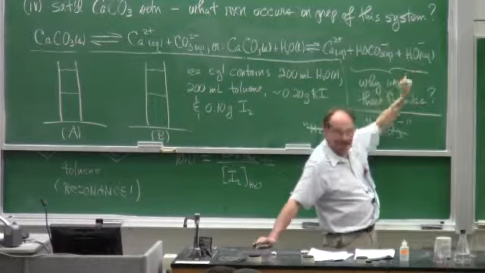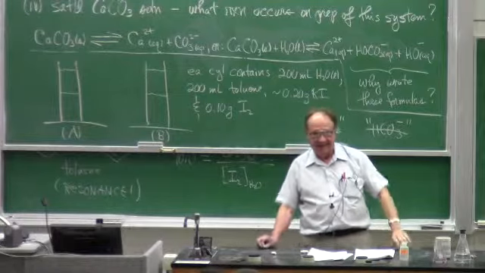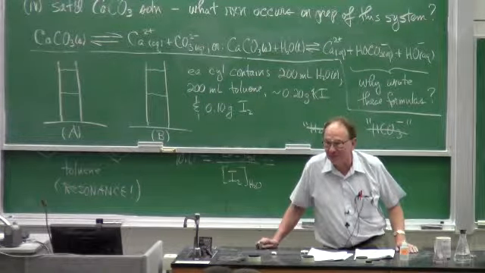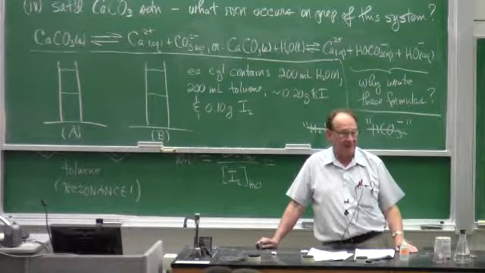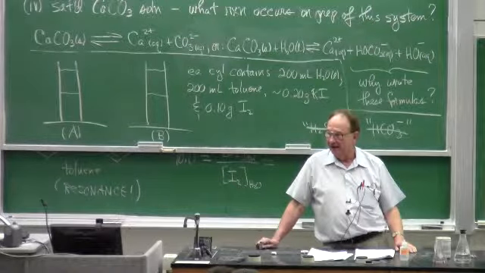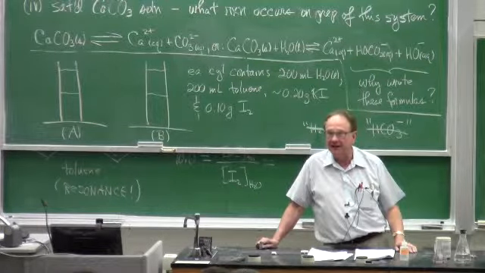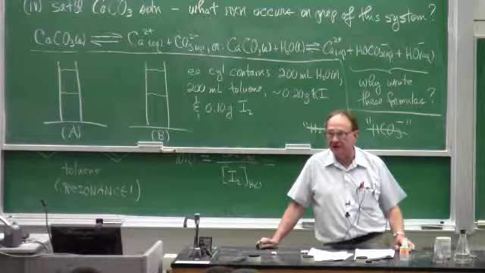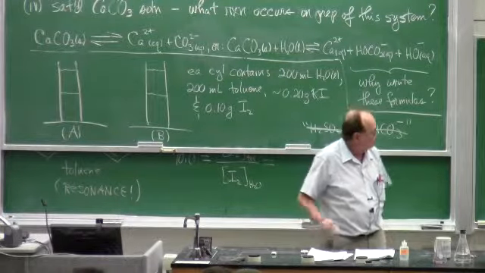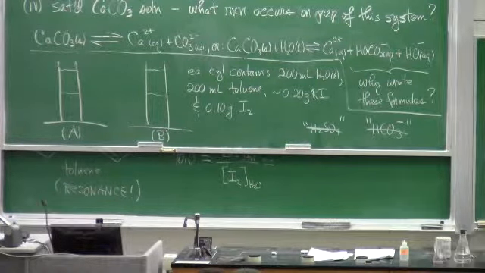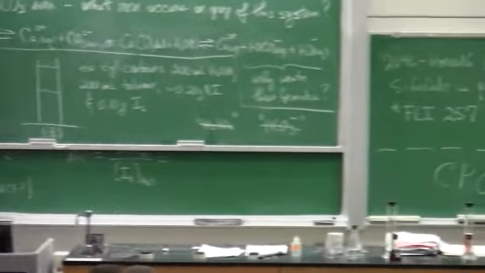Hydroxide ion. I can't believe textbooks that write OH minus. I really can't believe that. From a fundamental standpoint, that's about as stupid as anything could be. You did this in discussion class, but it's important, so I'll do it again.